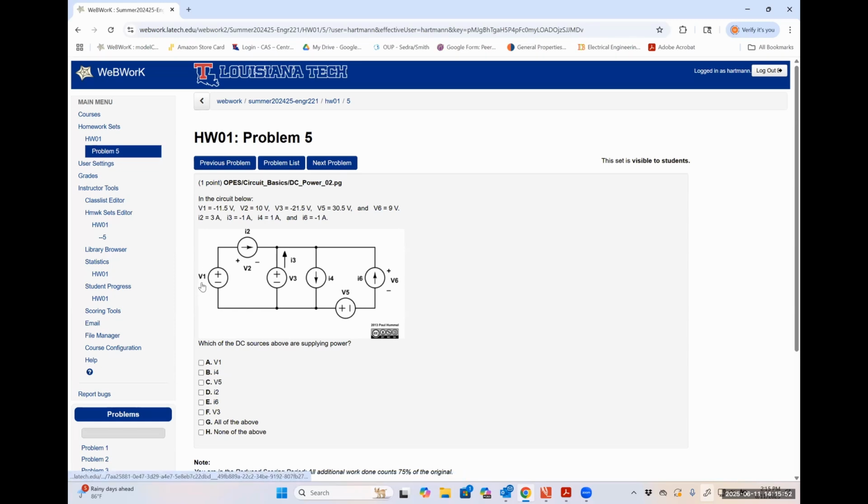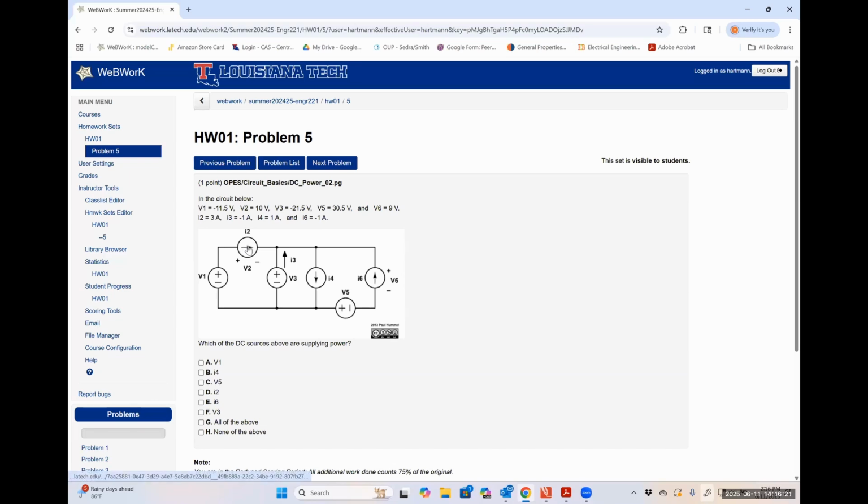So V1 times I2 is supplied power. However, we only check the box if the product of those two numbers is actually going to be positive, which in our case, V1 is negative and I2 is positive, so we wouldn't check that box. So V1 is supplying negative power.